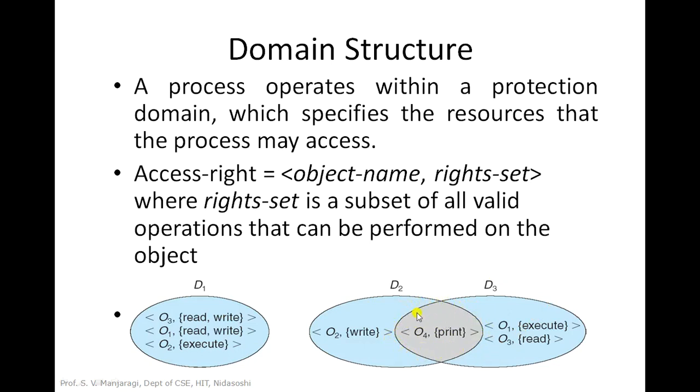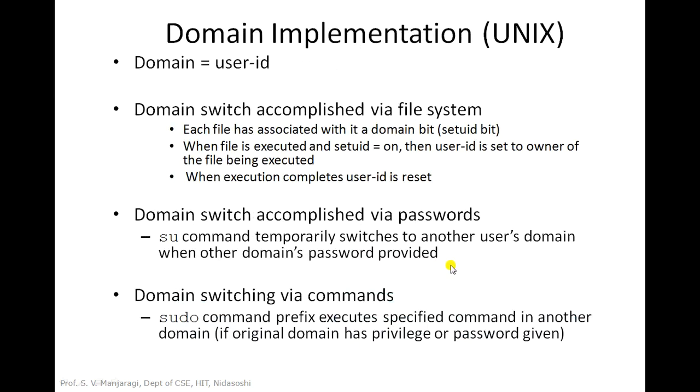The processes of domains D2 and D3 can execute the print operation on object O4. So the print permission is assigned to the processes of both domains D2 and D3. This is the sharing of operations across the processes in the domains.